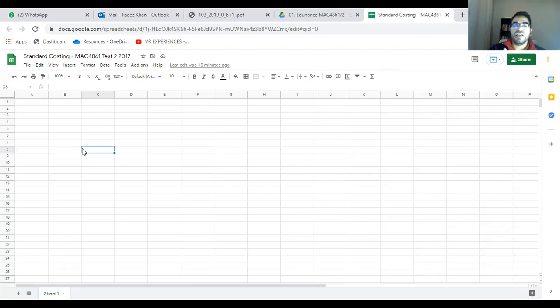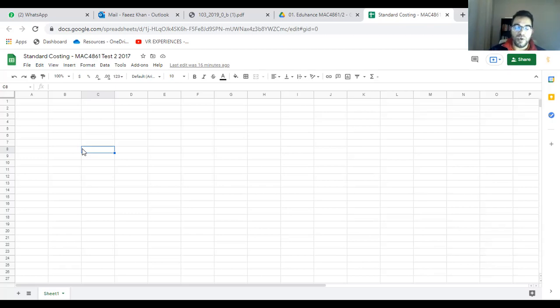Number one, it needs to be within the context of the scenario. And number two, you need to make sure that you are consistent between all the variances. Maybe not every single variance, but where they may overlap. So that's very important to explain.